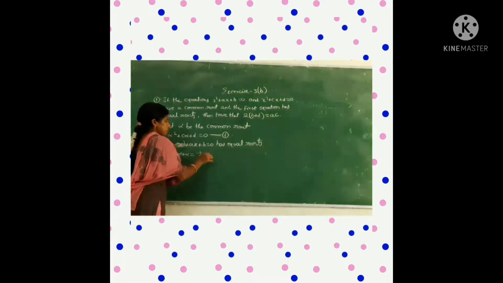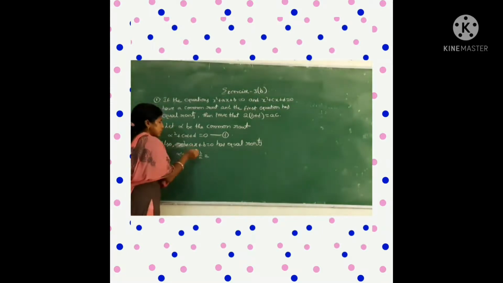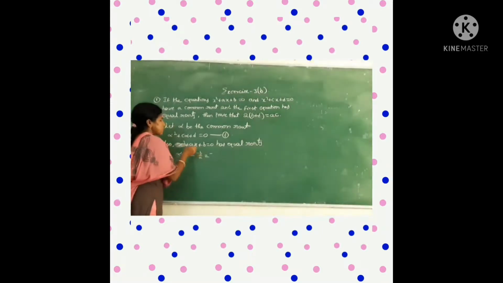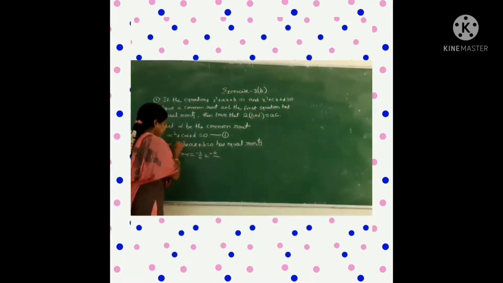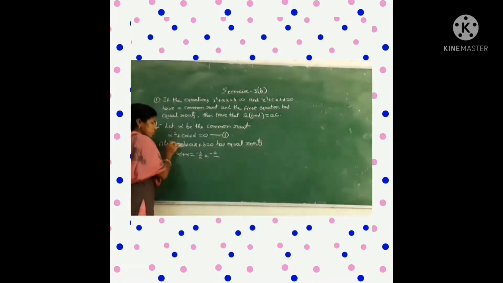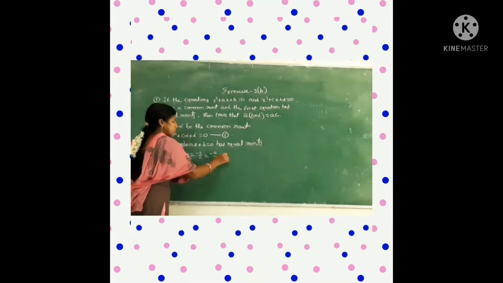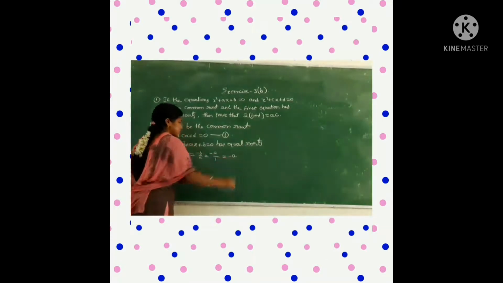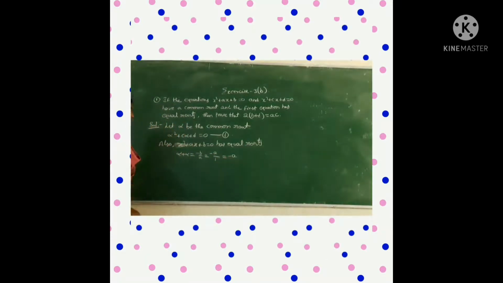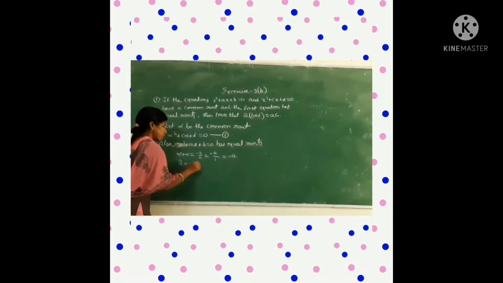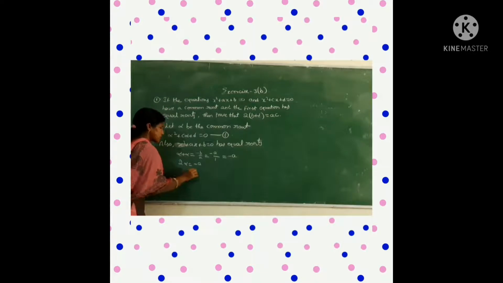But here the x square coefficient is 1, so we can write minus a. So 2 alpha is equal to minus a, alpha is equal to minus a by 2. Okay, understand? And next is the product of the roots.